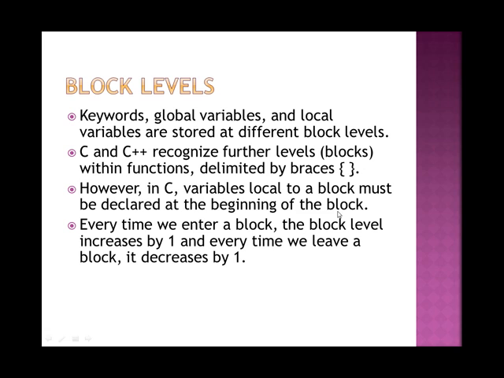If I am writing a program, I declare the variable in the block at the top, not at the end. The main reason is that in any programming language, variables are declared at the top of the block. Every time we enter a block, the block level increases by 1, and every time we leave a block, it decreases by 1.